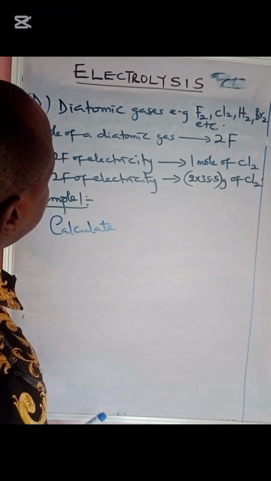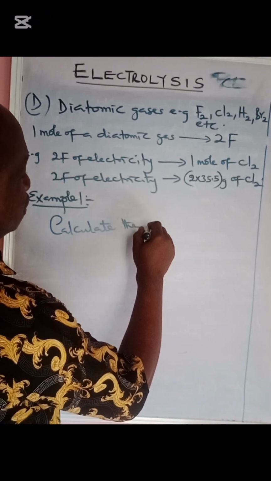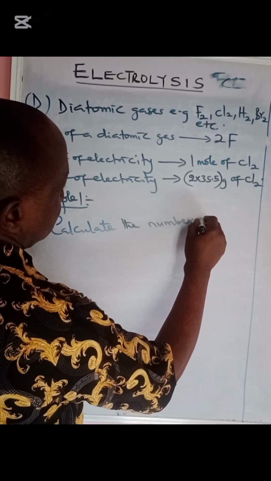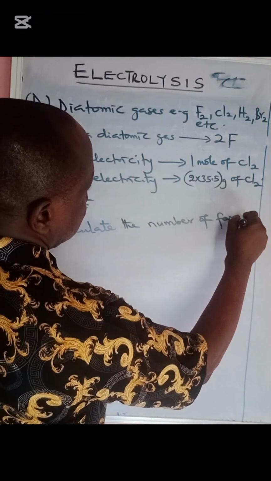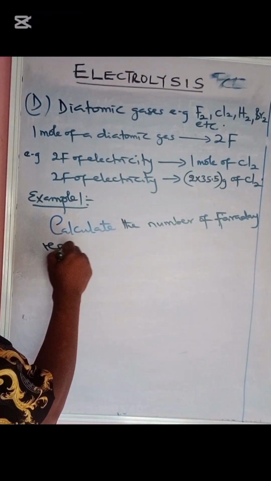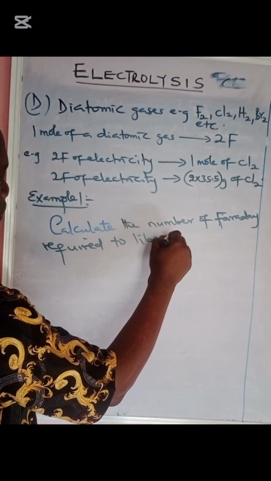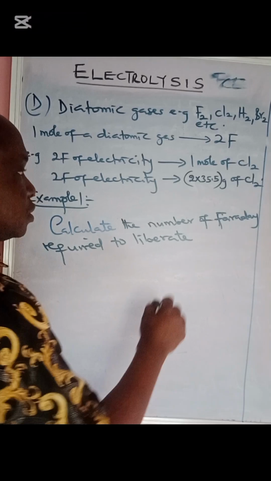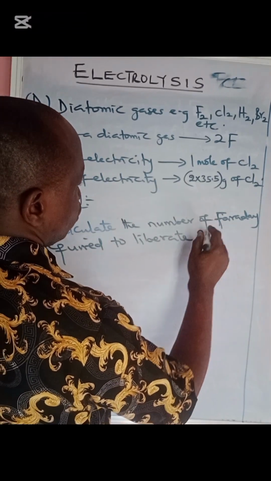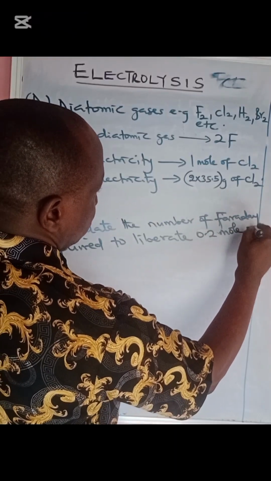Calculate the number of Faraday required to liberate 0.2 mole of chlorine gas.